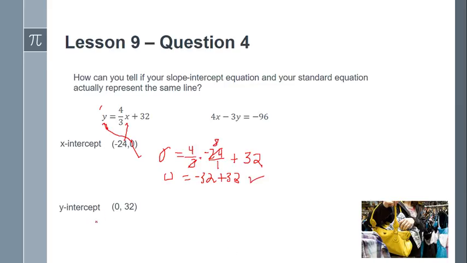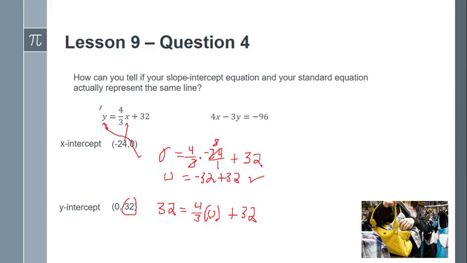Now let's check that the y-intercept that we generated from our standard equation actually works and gives us a true statement in our slope-intercept form. So we're asking, is 32 equal to 4/3 times 0 plus 32? Remember, this is the y-coordinate. Make sure you don't switch those when you're plugging them in.